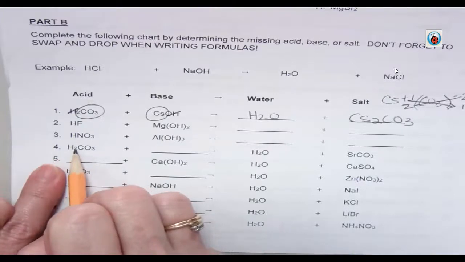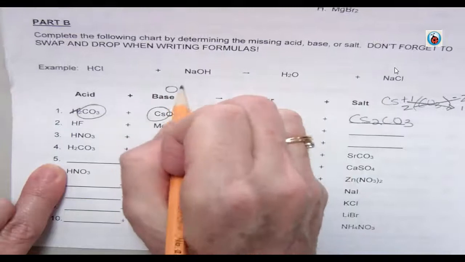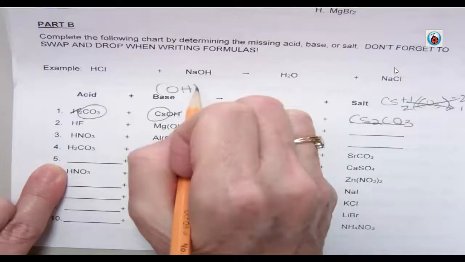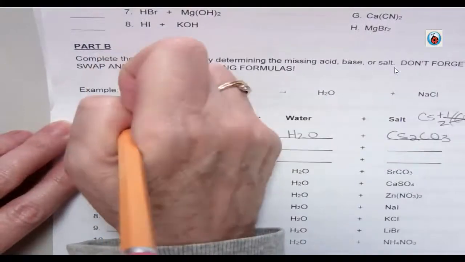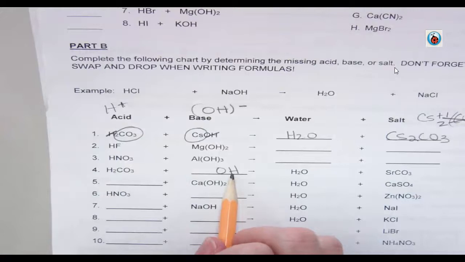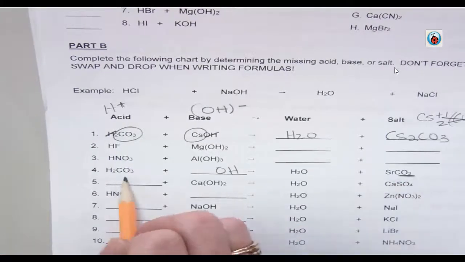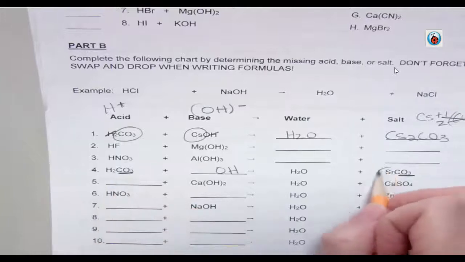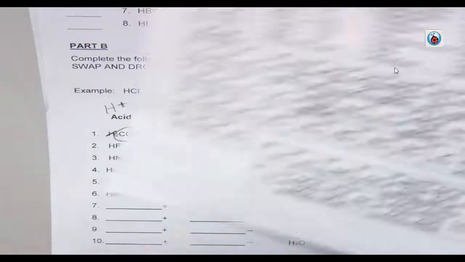So I've got the H, and we know OH goes here, right? Because all our bases are going to end in OH, -1. All right? And then all acids start with hydrogen +1. Okay. So here, who's going to be with OH, right? Well, we've got CO3, and there's the CO3, right? So what's left over? This strontium. All right, so let's find strontium.